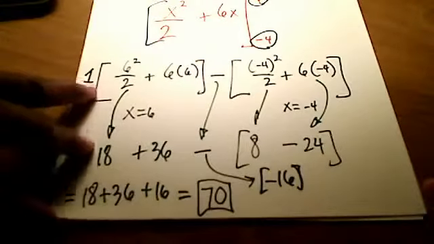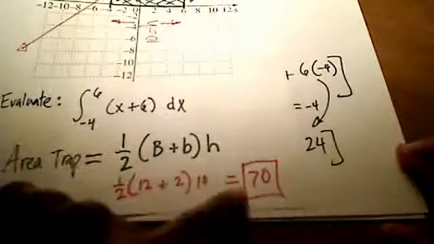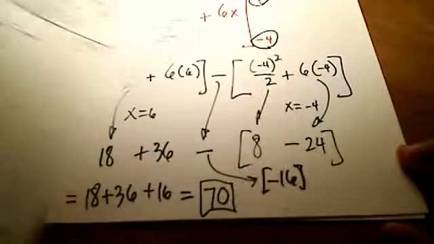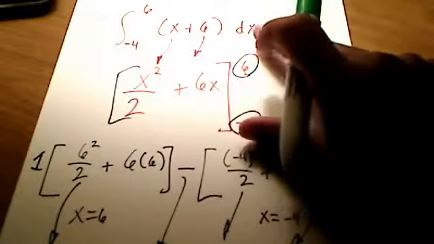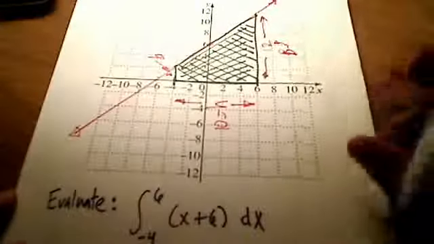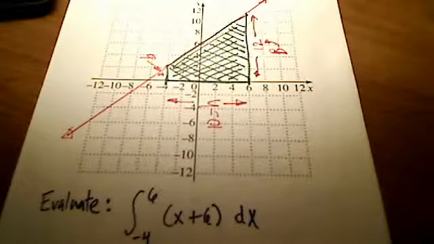That's exactly what we had from before, that previous answer of 70. So this is solving this integral using the Fundamental Theorem of Calculus. This first method I showed you was solving it using the actual area formula. Hope that helps.